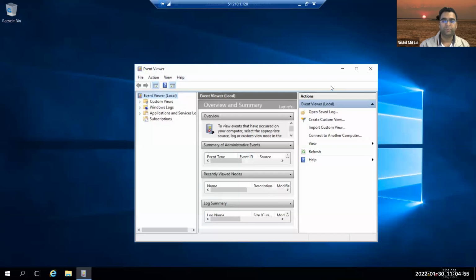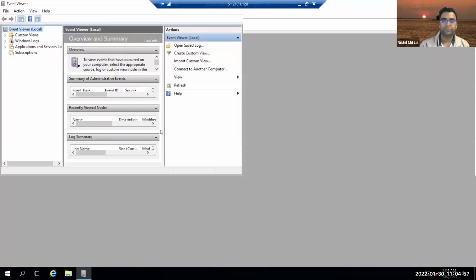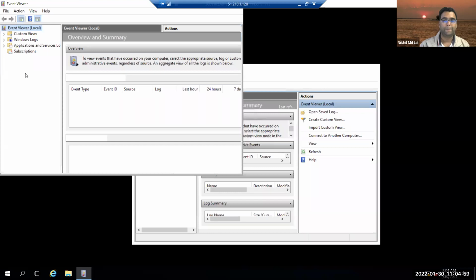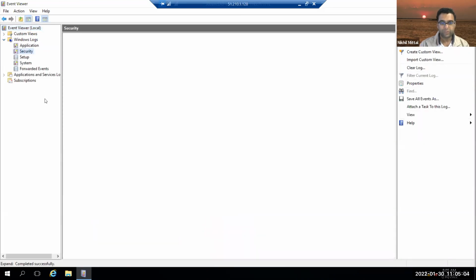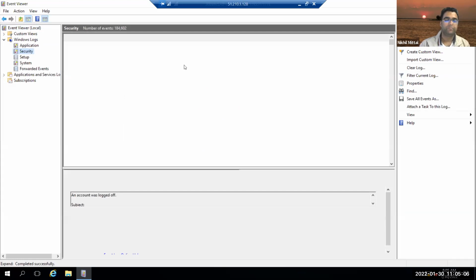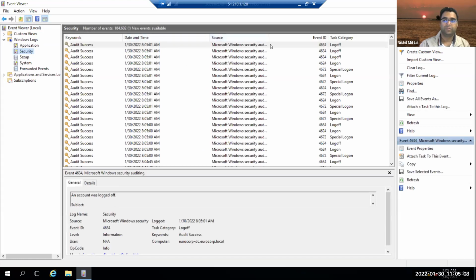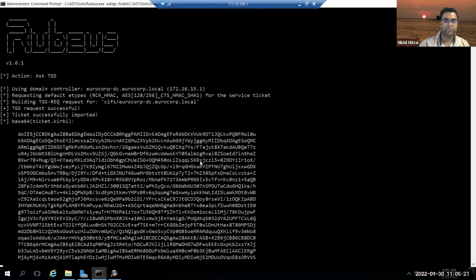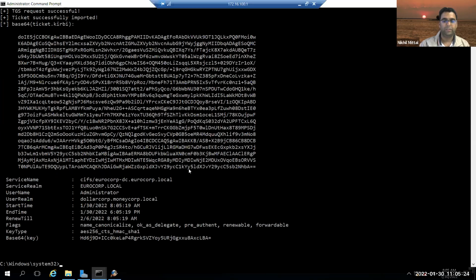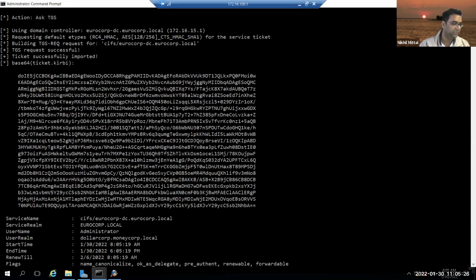So this is EuroCorp. All right, and now let's request a TGS from EuroCorp DC using the ticket that we forged. All right. So we got the TGS.